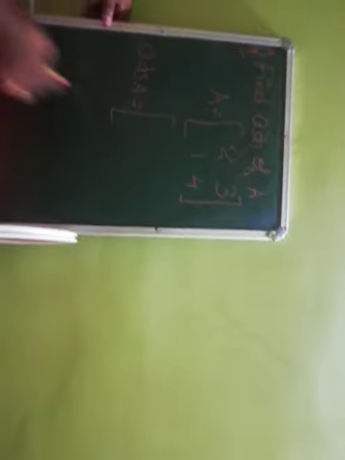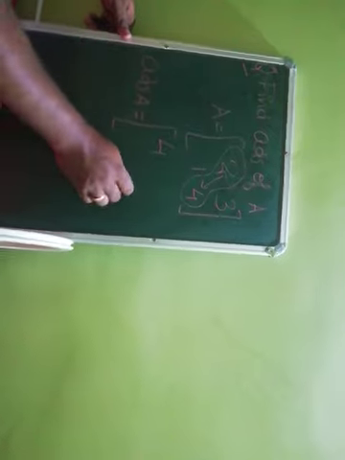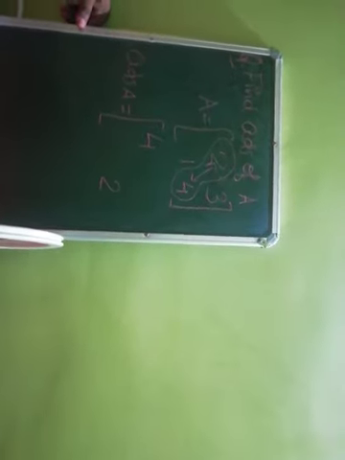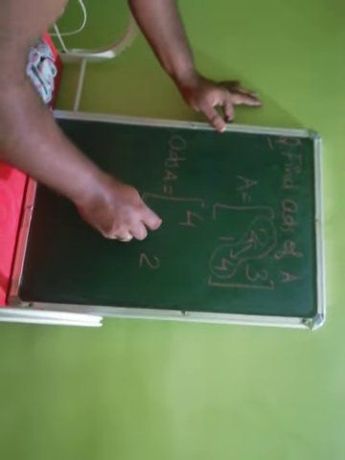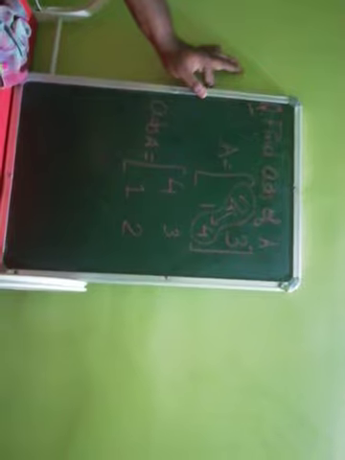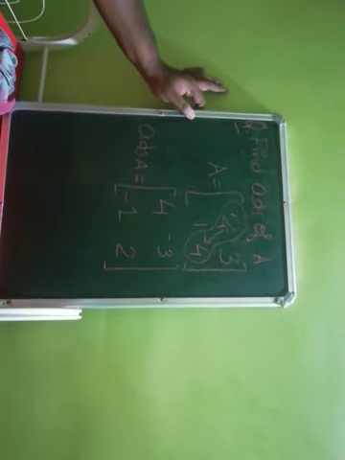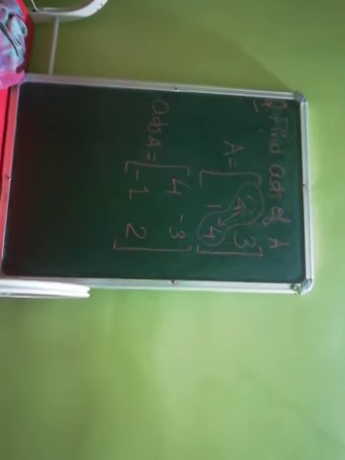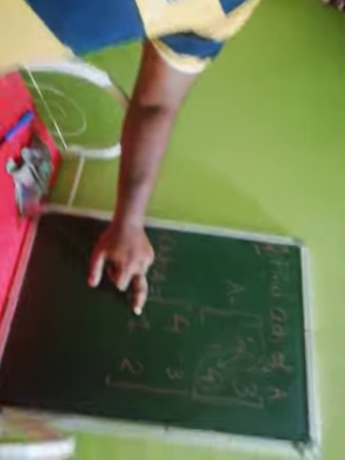Interchange the elements of the principal diagonal, the main diagonal. So 2 and 4 will be interchanged: this is 4, this is 2. And change the sign of the off-diagonal elements. Here both are positive, so this will be minus, minus. So the adjoint of A is 4, minus 3, minus 1, 2.